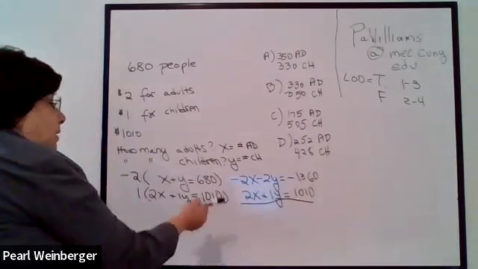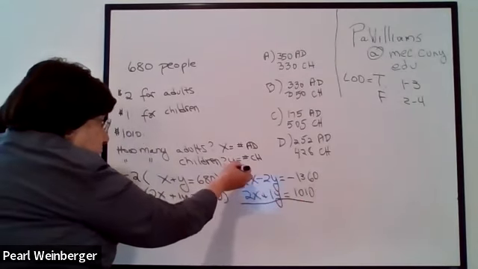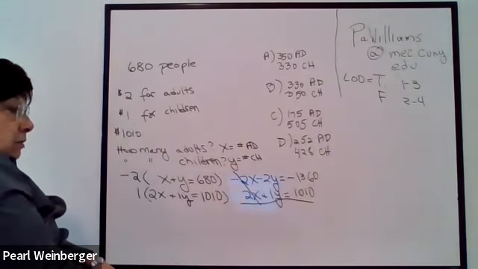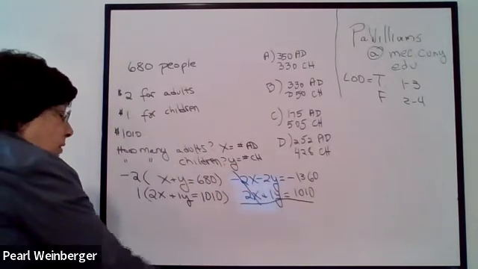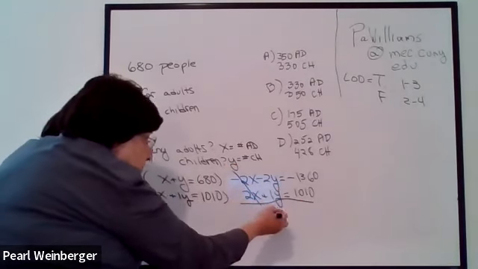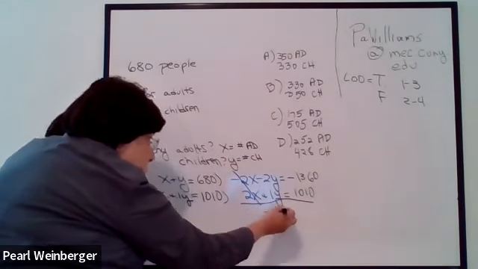Okay, now we're adding. -2x plus 2x, that's the whole point. We wanted to get rid of the x's. We wanted to eliminate the x's. So that's eliminated. Here we're getting -2y plus 1y, which gives me -y or -1y.